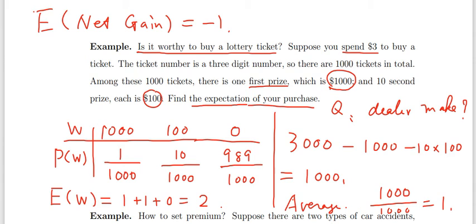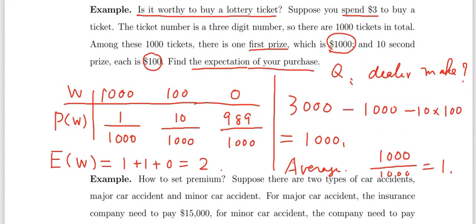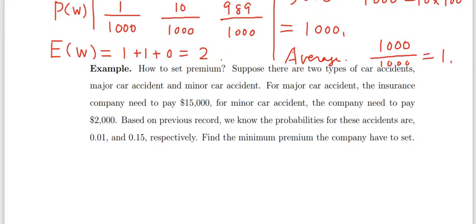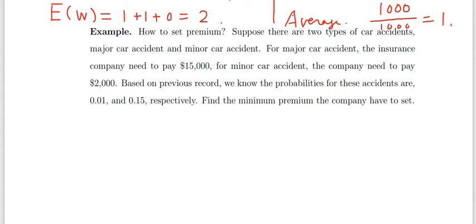So this $1 is what you give to the dealer. This is where the negative comes from, this -1. Negative means you pay out $1 on the average. Okay. So this is an example for lottery, right?